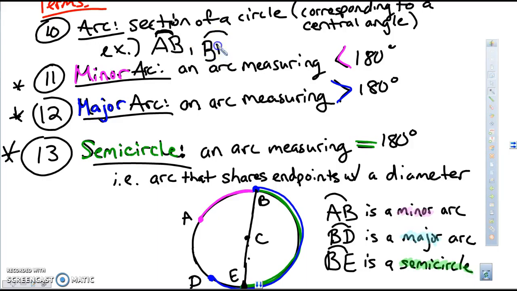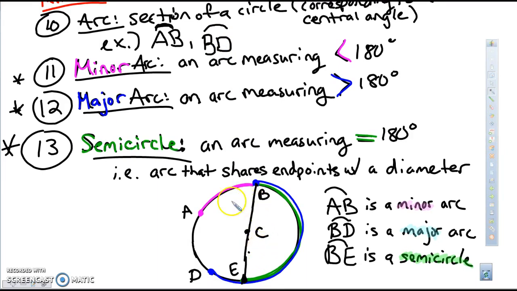BD is also one. You could call it maybe the section from B to A to D. So this is actually kind of a non-specific one because you're not sure which way to go. If I wanted to be specific about this one, I would probably have to give you 3 points, such as BAD, if I wanted to go from here to here.